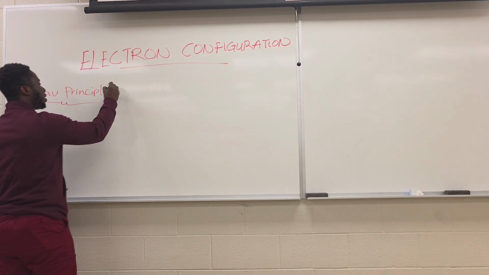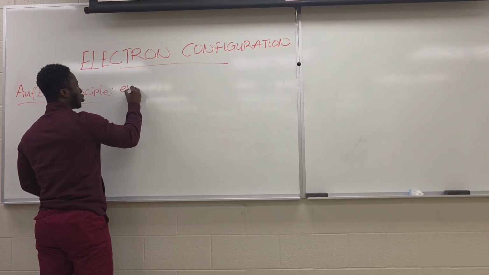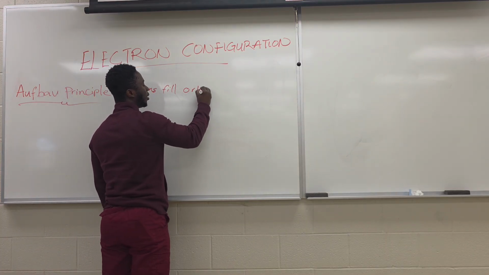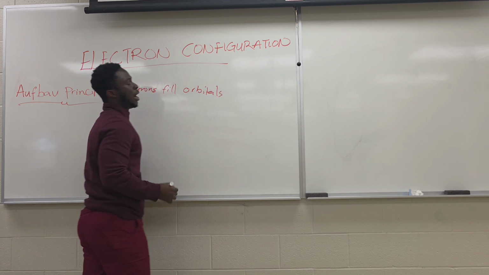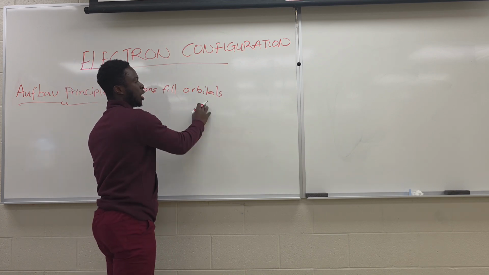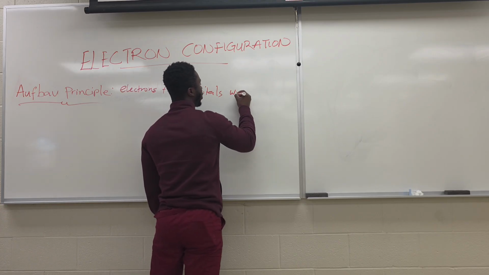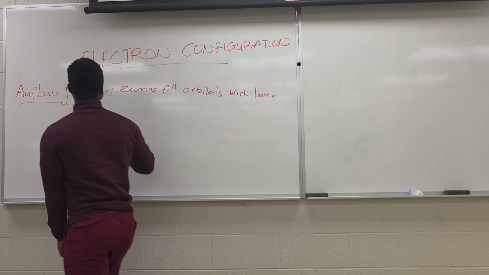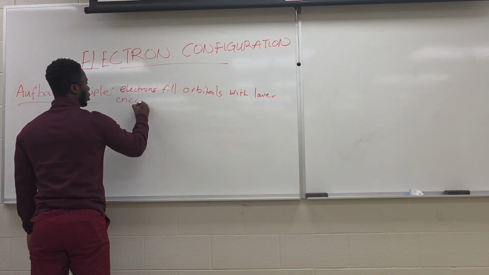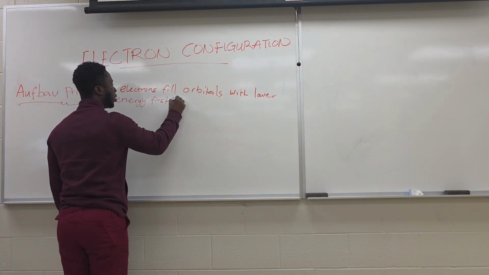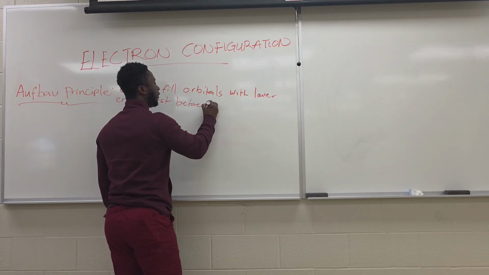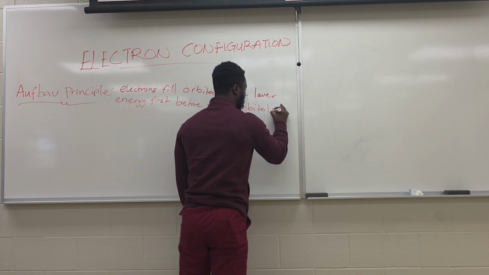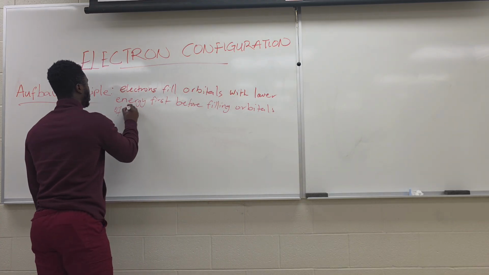The Aufbau principle states that electrons fill orbitals, now this could be subshells, this could be shells, but it fills orbitals with lower energy first before filling orbitals of higher energy.